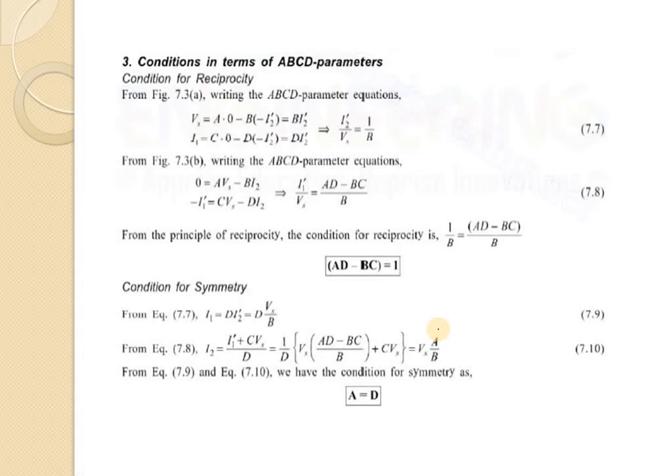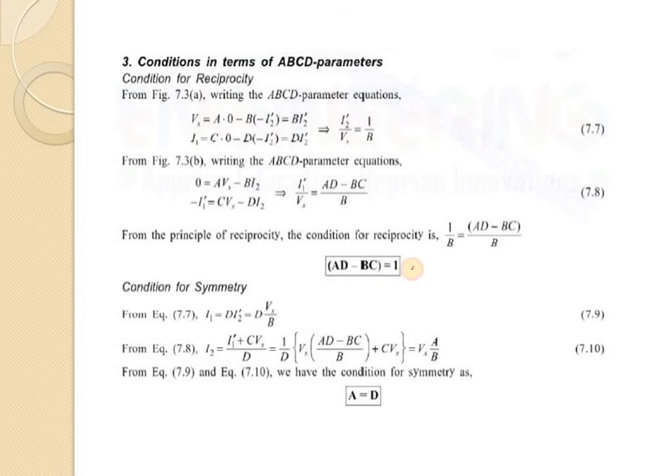At that point, the network is reciprocal. Doing the same calculation for the symmetrical condition, we get that when A equals B, the network is called symmetrical.